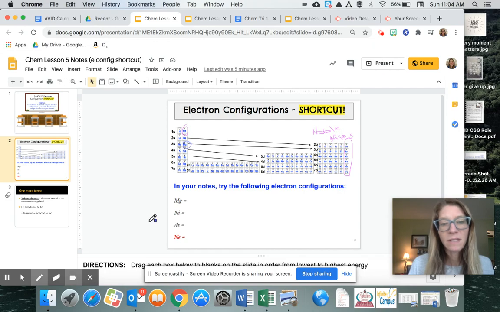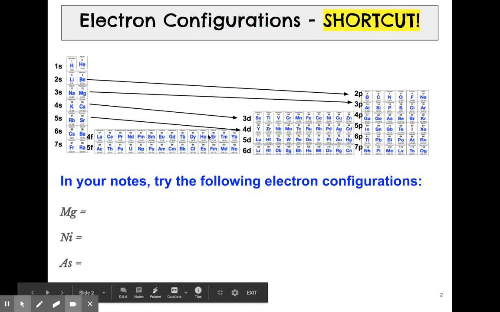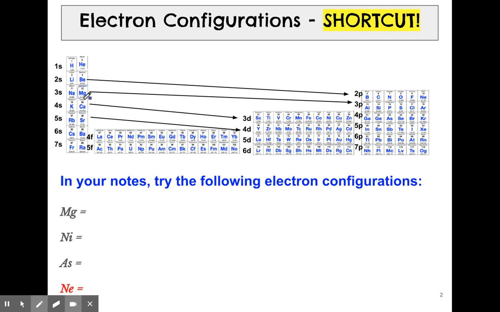Actually, I'm going to present this so it's a little bigger on your screen. All right, so magnesium is here. So when we write our shortcut, we have to start with the noble gas. So magnesium is element with an atomic number of 12. So when you go backwards, basically you find the noble gas that comes just before the element you're writing the configuration for.